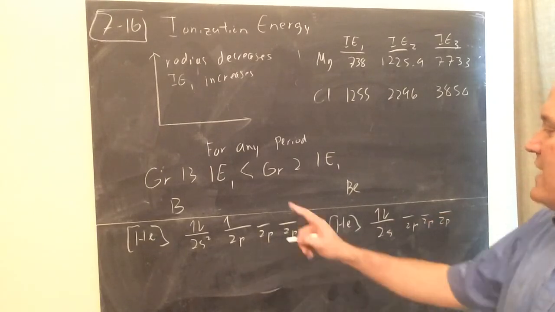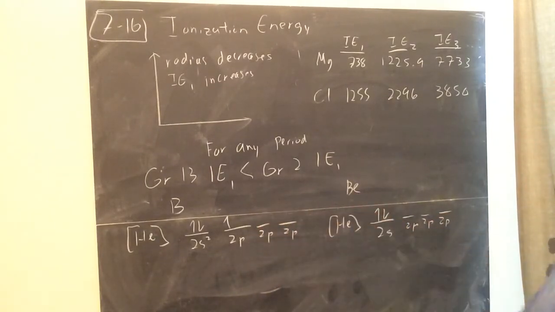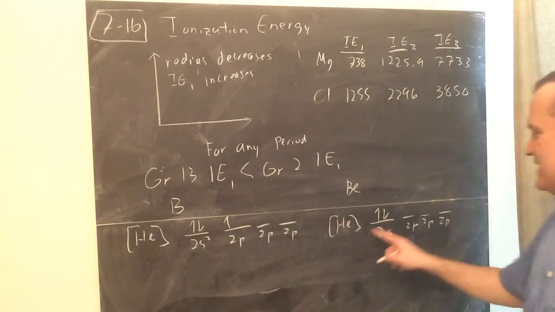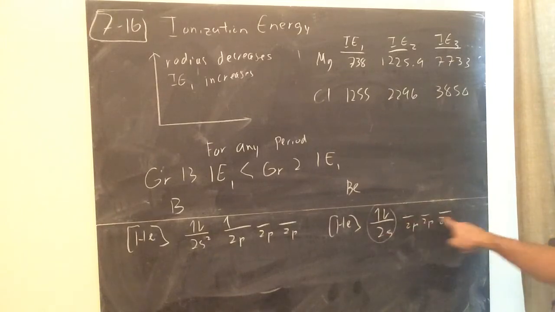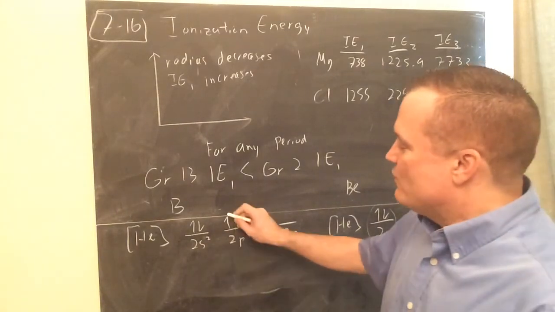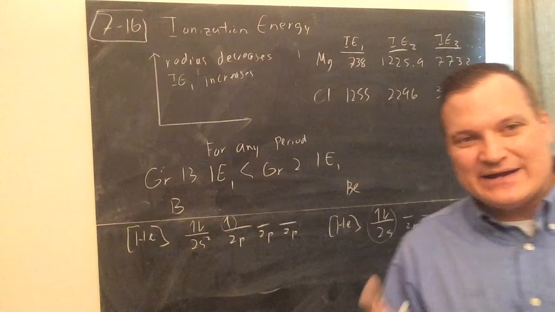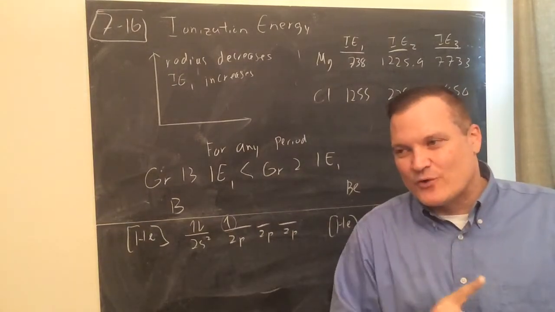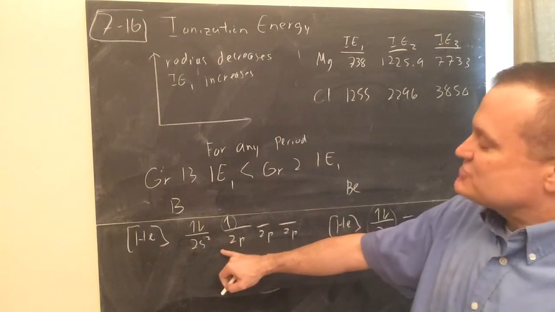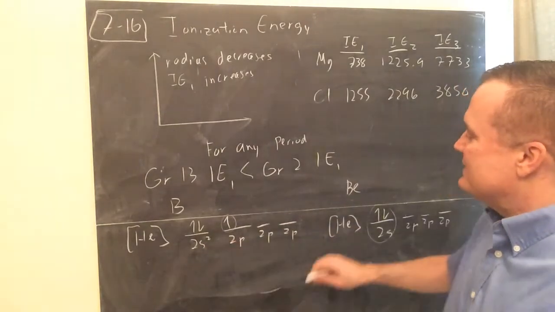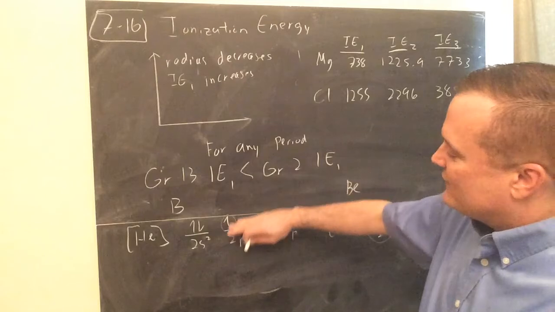Okay, so why is boron easier than beryllium? Notice this: beryllium has a full 2s shell, nothing in the 2p, but boron has one electron in the 2p. I mentioned a little bit about the penetration effect earlier, but I'll just say this. There is shielding between 2s and 2p. So 2p is a little bit higher in energy than the 2s.